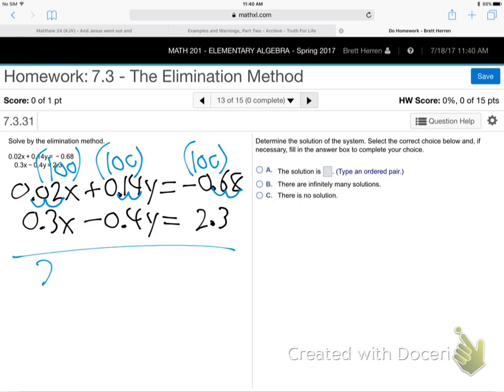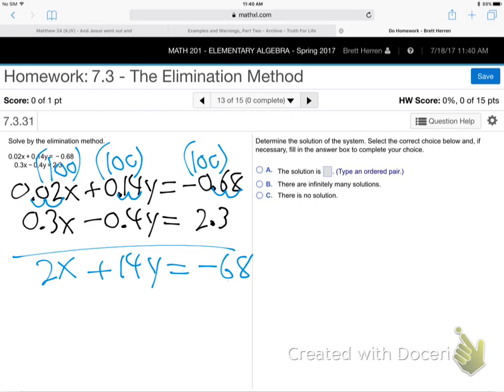So that top equation will become 2x, 14y, and negative 68. Is that good so far? So far, so good? Are we happy? Thrilled?